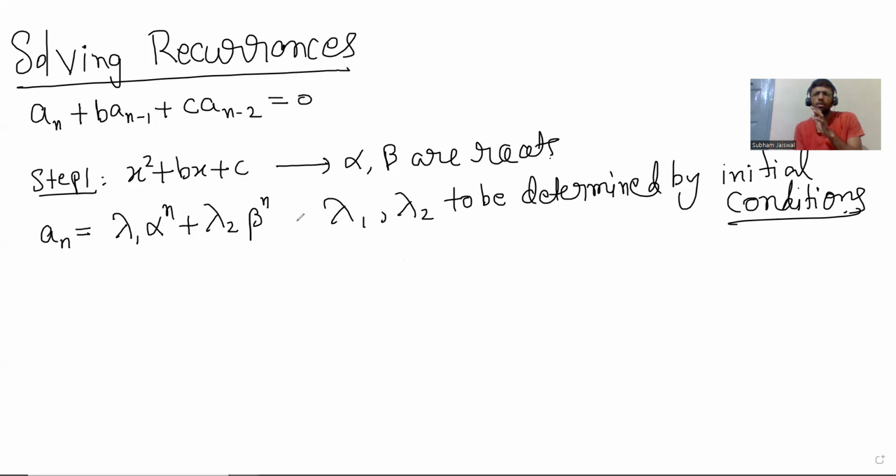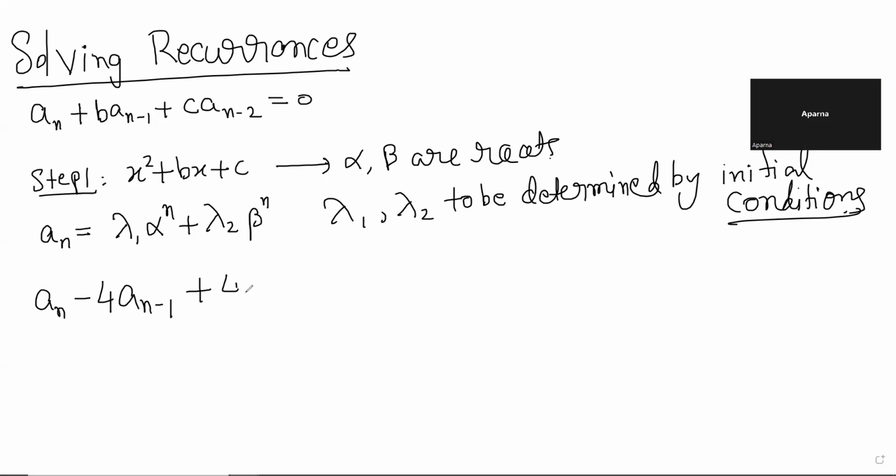Sir, I think it was something like a_n minus 4 a_(n-1) plus 4 a_(n-2) equals 0, and a1 equals a2 equals 1. Right.